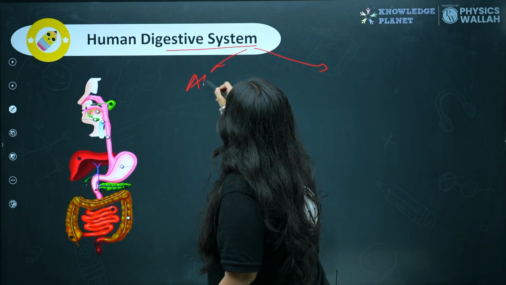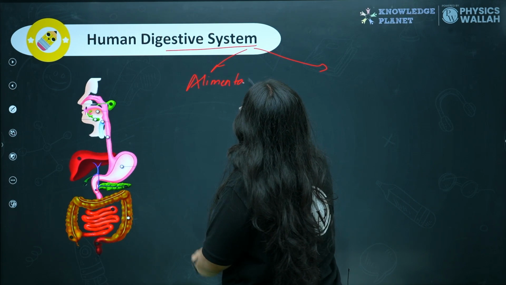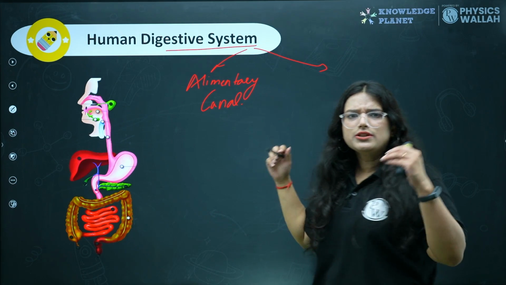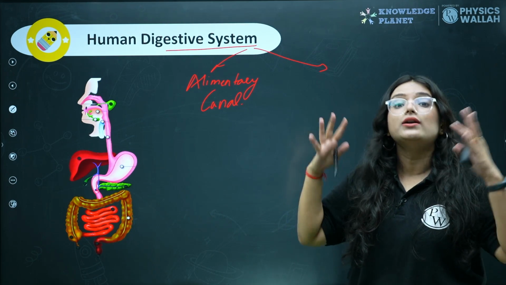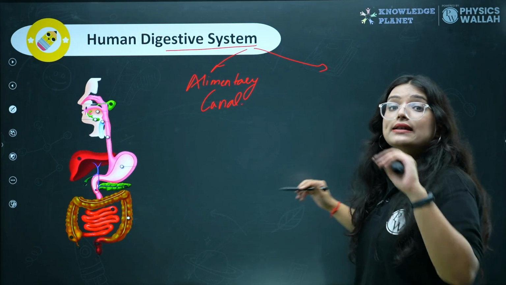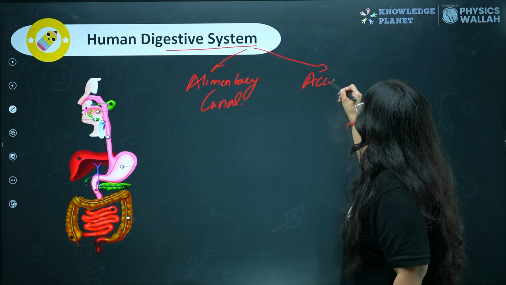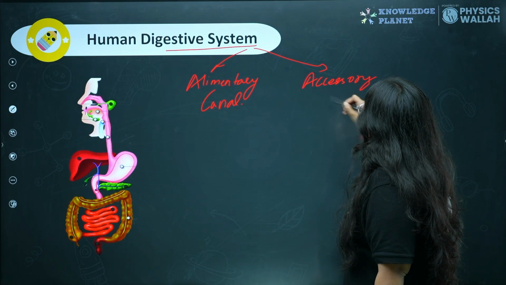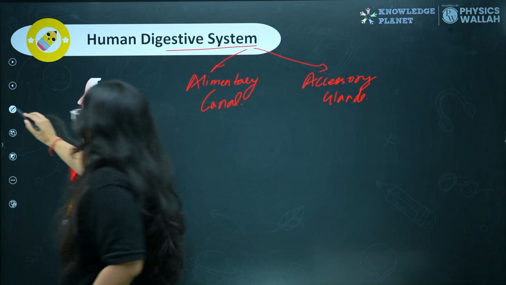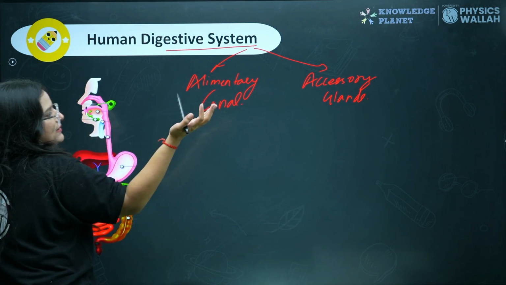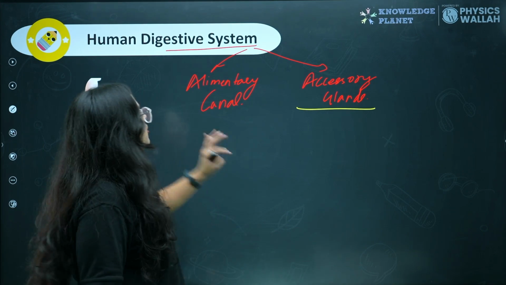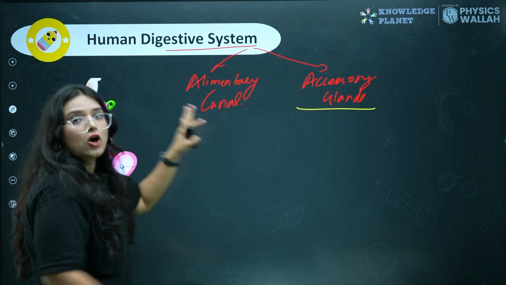First is the alimentary canal, and of course you would require certain helper organs as well. These helping glands are known as accessory glands. They need help as well. Now let's take a look at each of these components further.